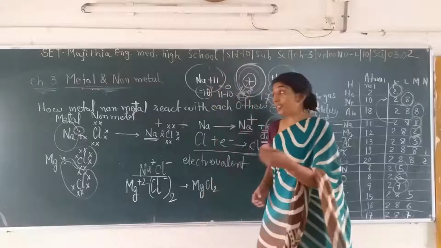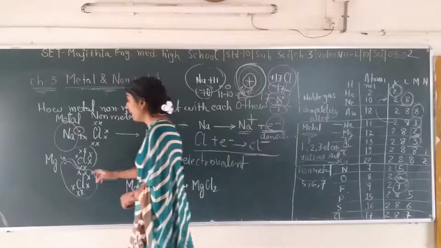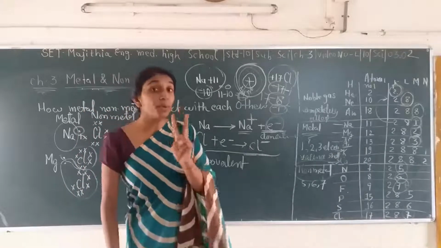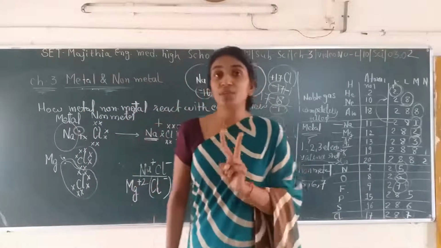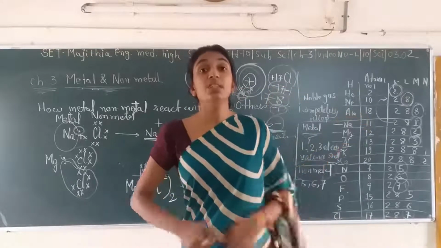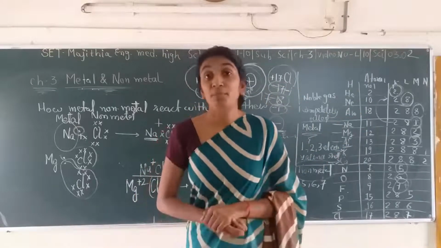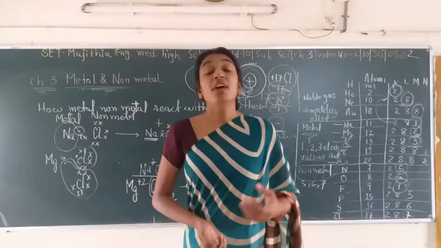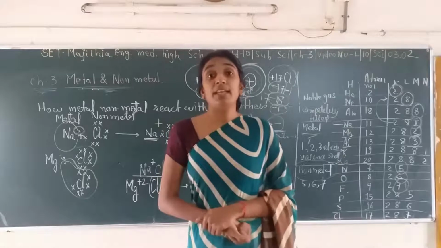We can take the example of magnesium chloride also. In this particular magnesium, there are only 2 electrons in the outer shell. So it is required to give up these 2 electrons and become plus 2, positively charged, while chlorine can accept only 1 electron.